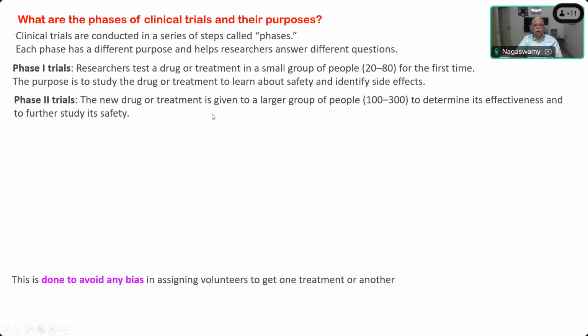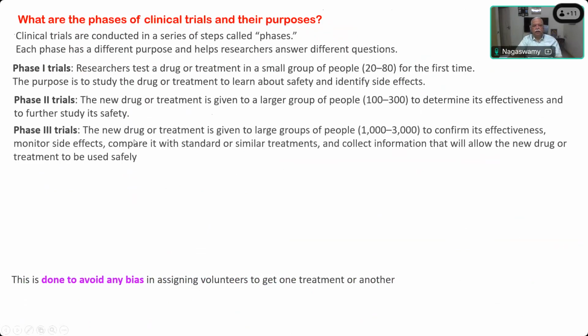Then in phase 2, the new drug or treatment is given to a larger group, expanding the number of participants from 100 to 300, to determine its safety and efficacy. In phase 3, the new drug is given to a larger group, 1000 to 3000, to confirm its effectiveness, monitor side effects, compare it with standard or similar treatment, and collect information which will allow the new drug or treatment to be used safely.